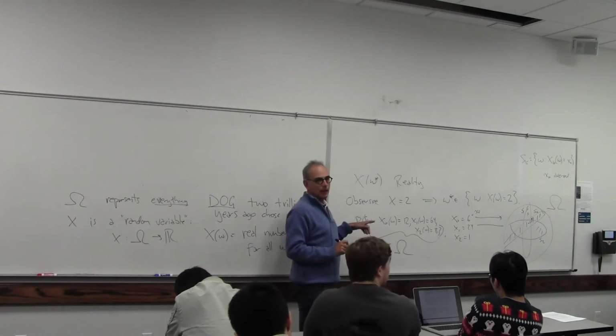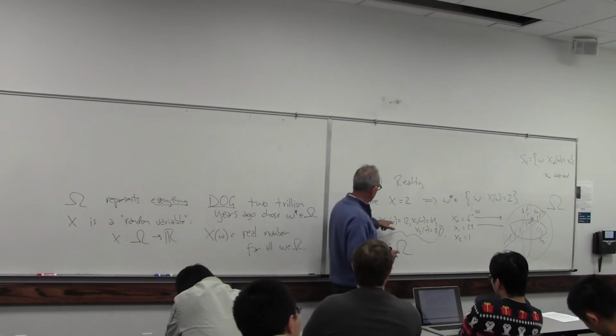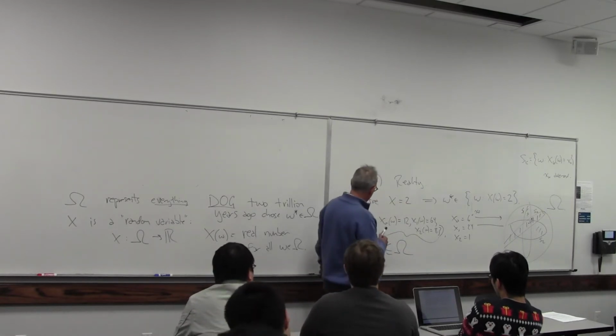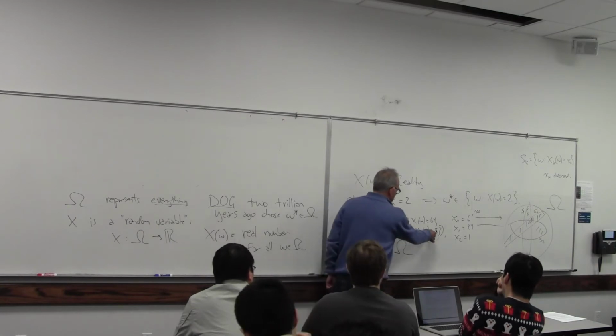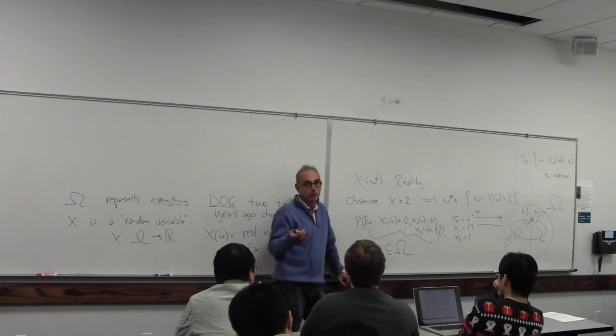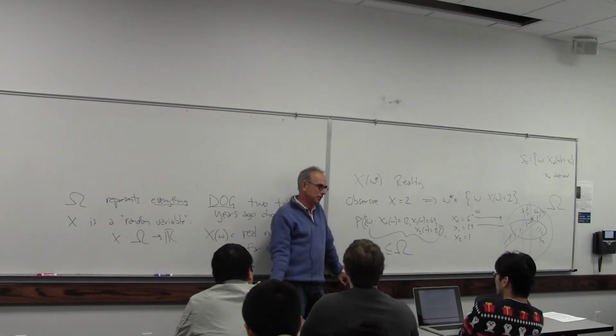Right. So when you're talking about probabilities, you're talking about the probability of all omega such that something of interest occurred. That is a subset of omega, and so this P had better be defined on all subsets of omega. And that's where you get stuck.